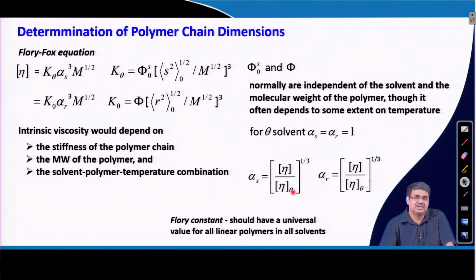So, osmotic pressure pi by C did not change with concentration. So, we can use the intrinsic viscosity in theta solvent and in another solvent to get the value of this expansion factor in terms of radius of gyration or end to end distance.